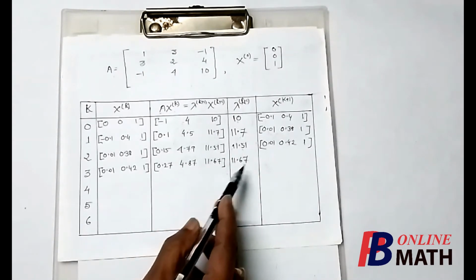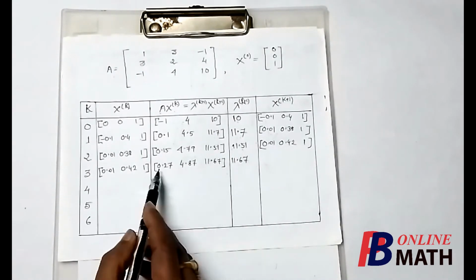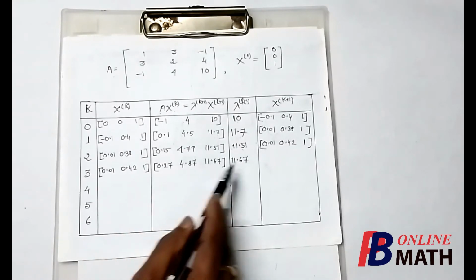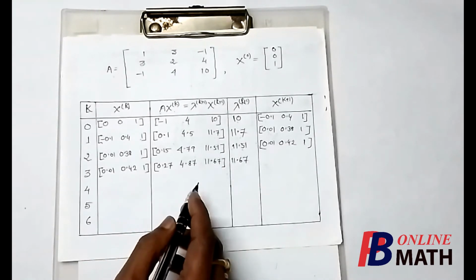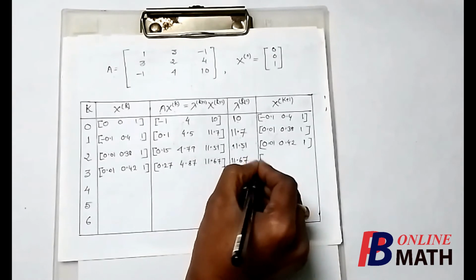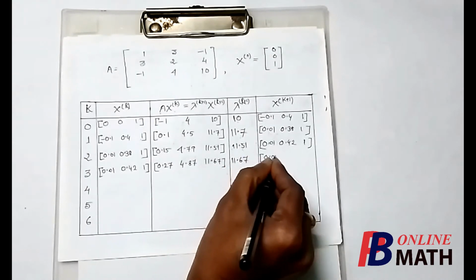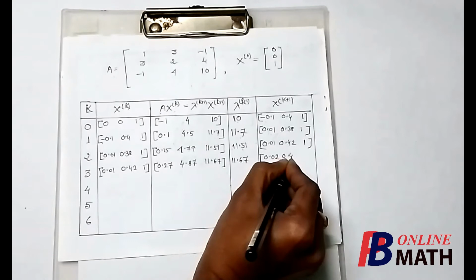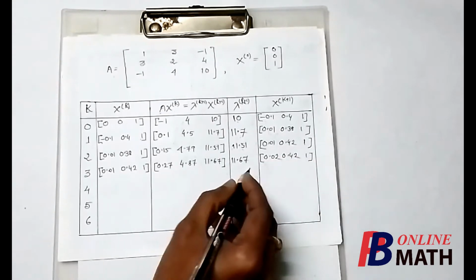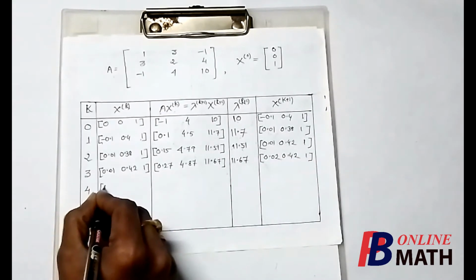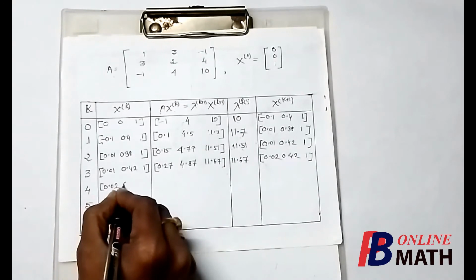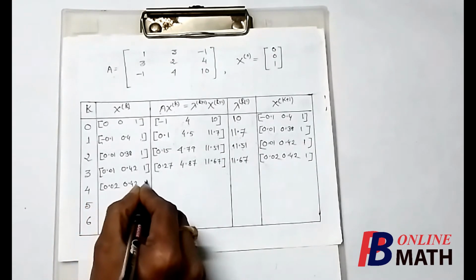So the corresponding eigenvector can be found if we divide this vector by 11.67. So then we shall get 0.02, 0.42 and 1. So this is the next approximation of the eigenvector, 0.02, 0.42 and 1.